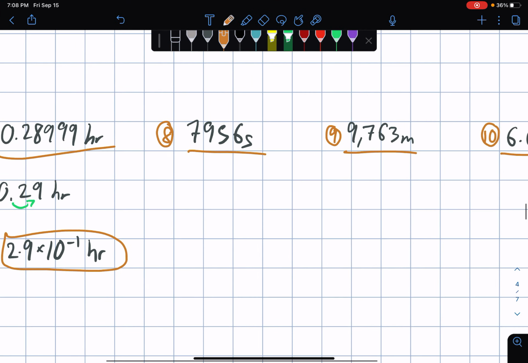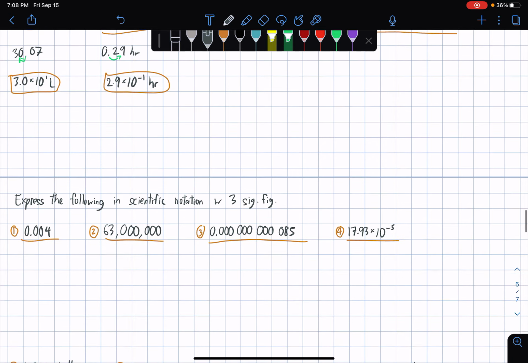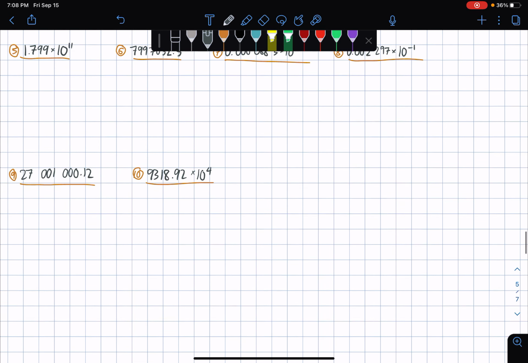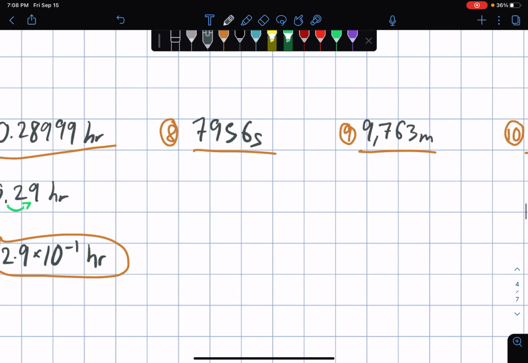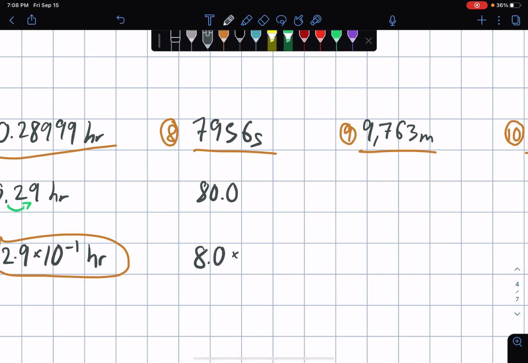Number 8. How many numbers do we have left? Oh, we still got a lot. 7,956. That's going to be 80.0. 8.0 times 10 raised to 1 seconds.